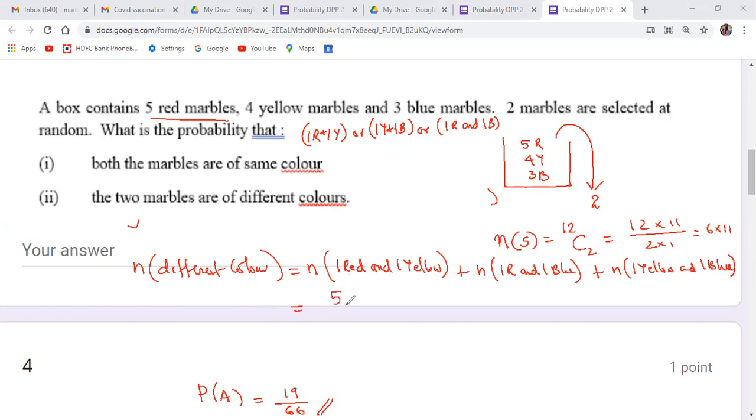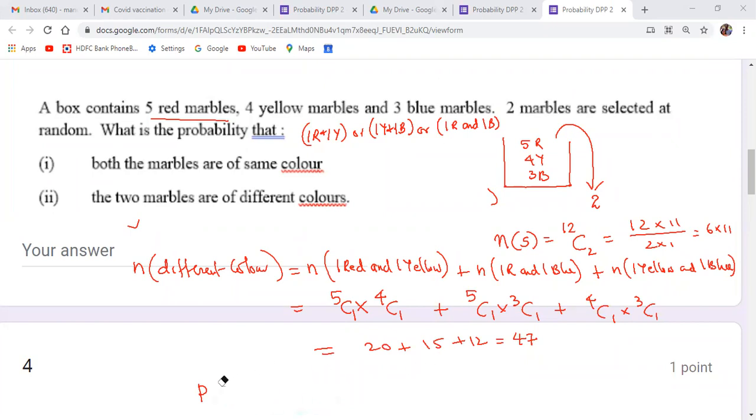One red: 5C1 into 4C1 plus 5C1 into 3C1 plus 4C1 into 3C1. 20 plus 15 plus 12, that became 47. Correct? So the probability of different color, P of different color, is equal to 47 upon 66.